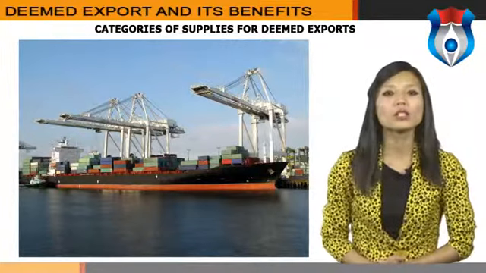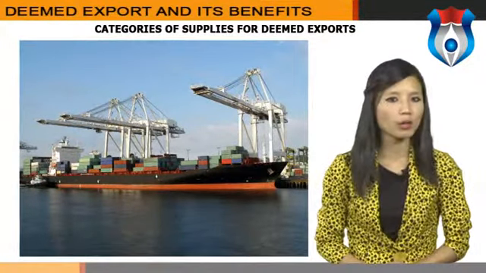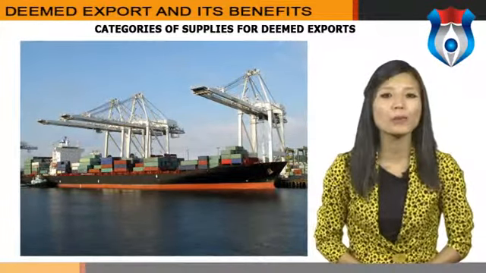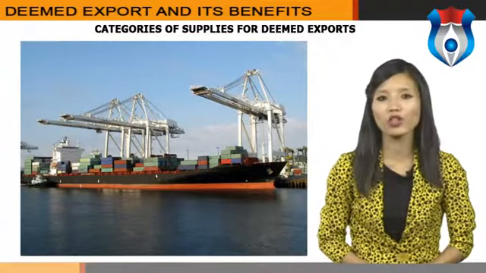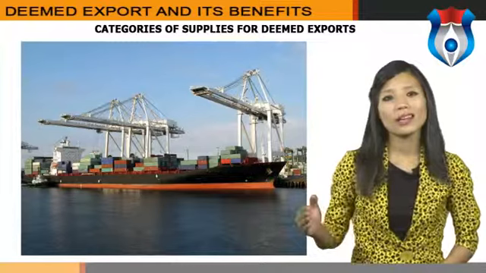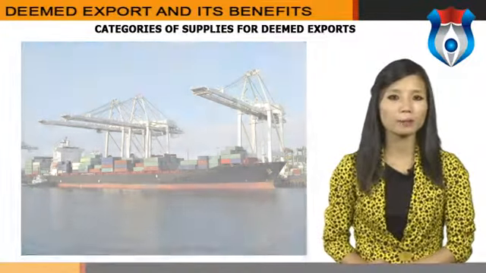Supply of capital goods including in unassembled or disassembled condition, as well as plants, machinery, accessories, tools, dies and such goods which are used for installation purposes till the stage of commercial production, and spares to the extent of 10% of value to fertilizer plants.